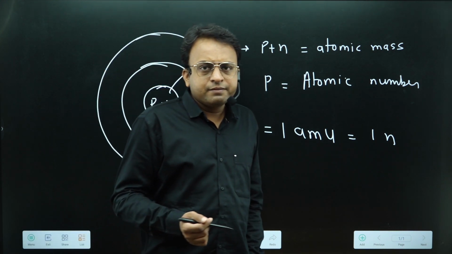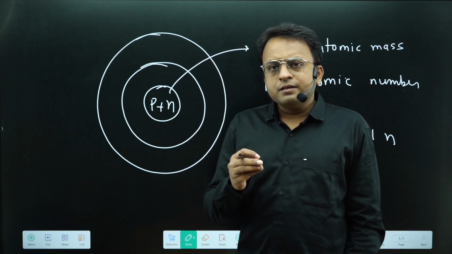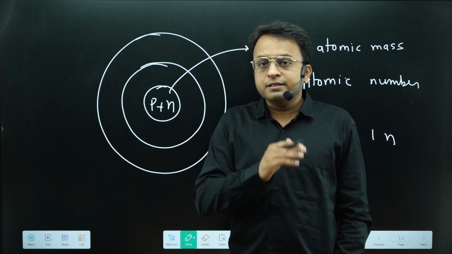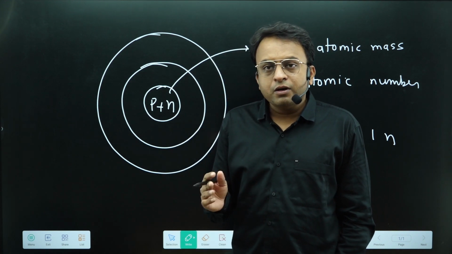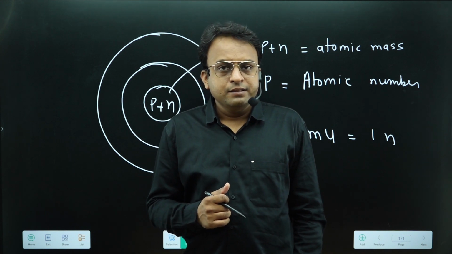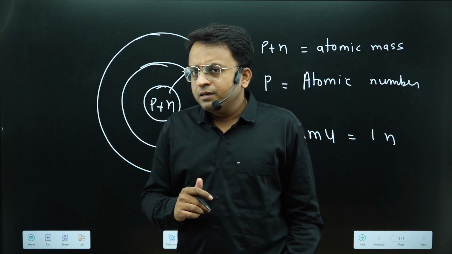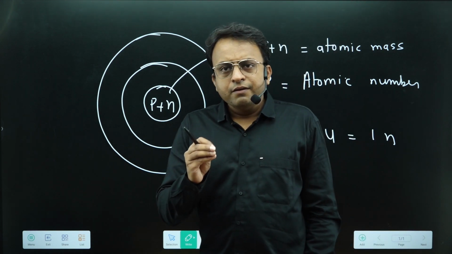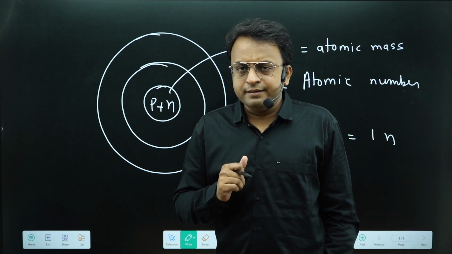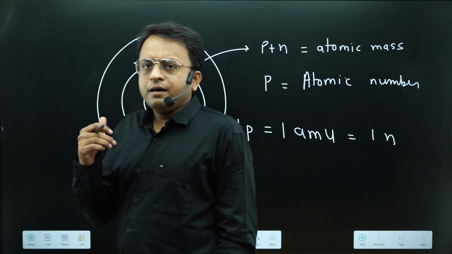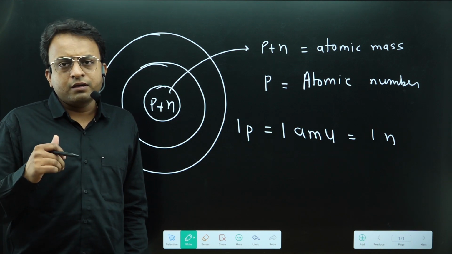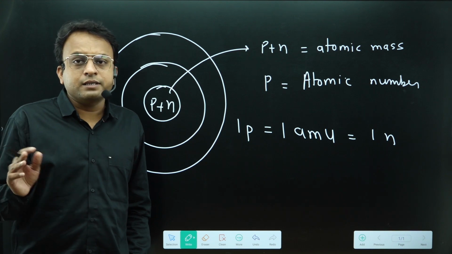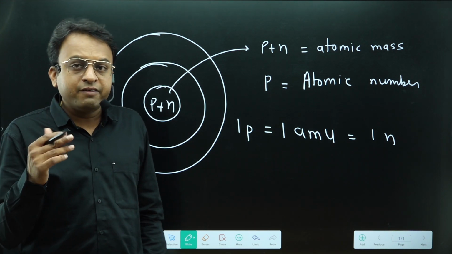So, in day-to-day life, we cannot see an atom. We cannot see a molecule because these are very small particles. They cannot be seen by our naked eyes. So, to understand mole, we have created a group. One atom or one molecule cannot be studied by our day-to-day understanding because it is not seen by our naked eyes.